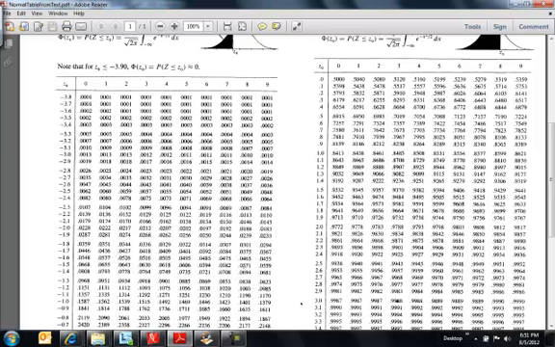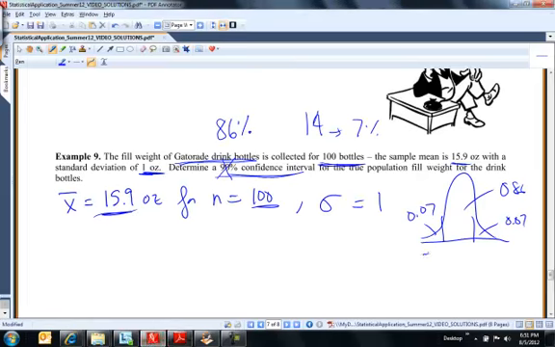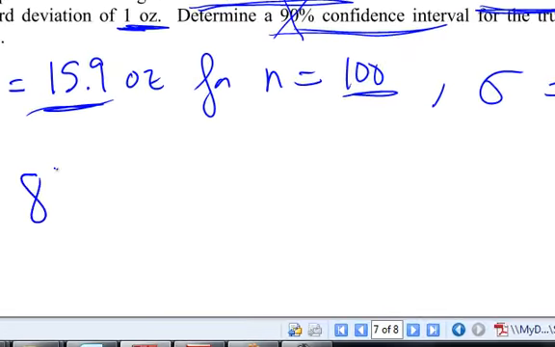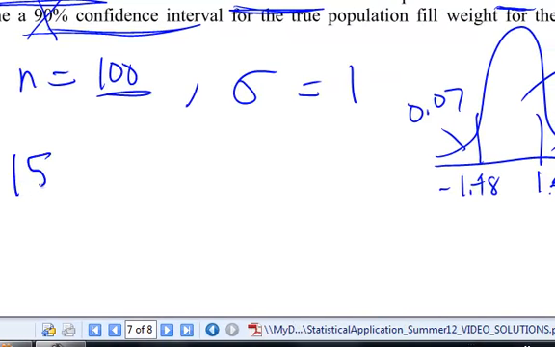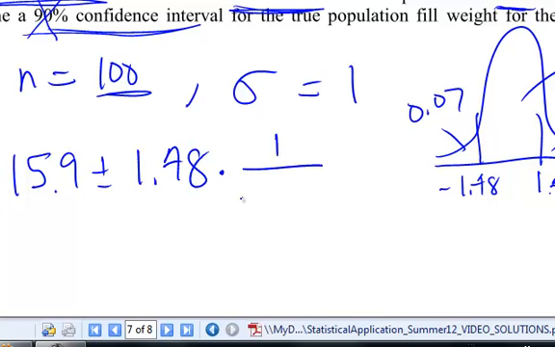It'll be 1.48. That's good. So this is negative 1.48 and 1.48. So our 86% confidence interval is 15.9 plus or minus 1.48 times sigma divided by the square root of 100.